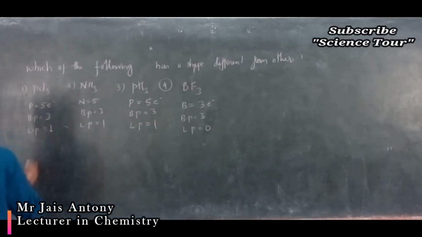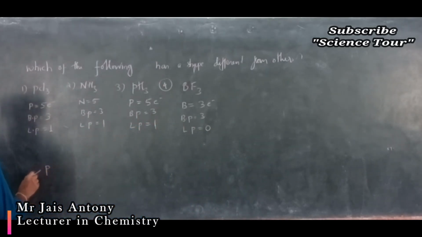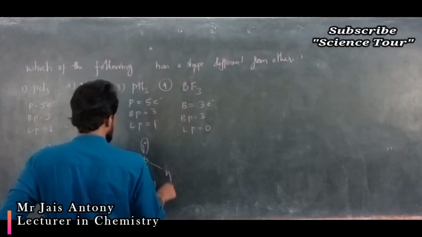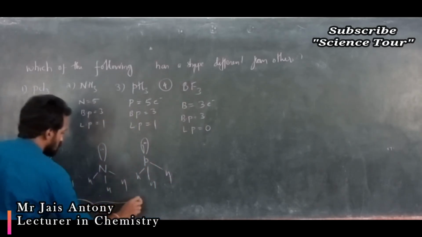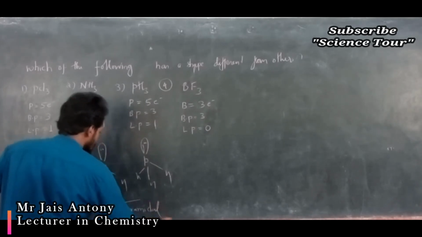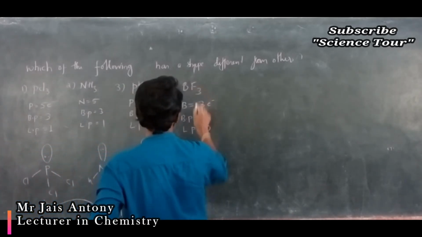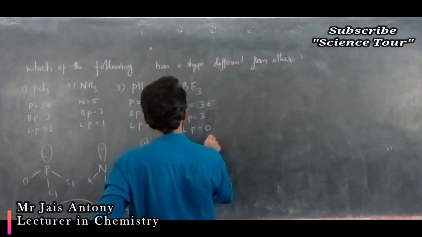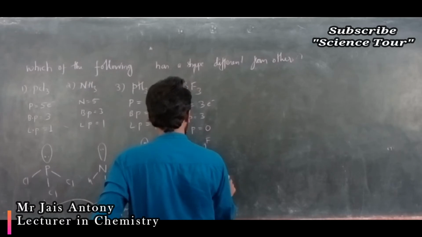In all the other cases, one lone pair is there. Because of that, all these three are pyramidal in shape. But in this one, BF3 is triangular planar in shape.